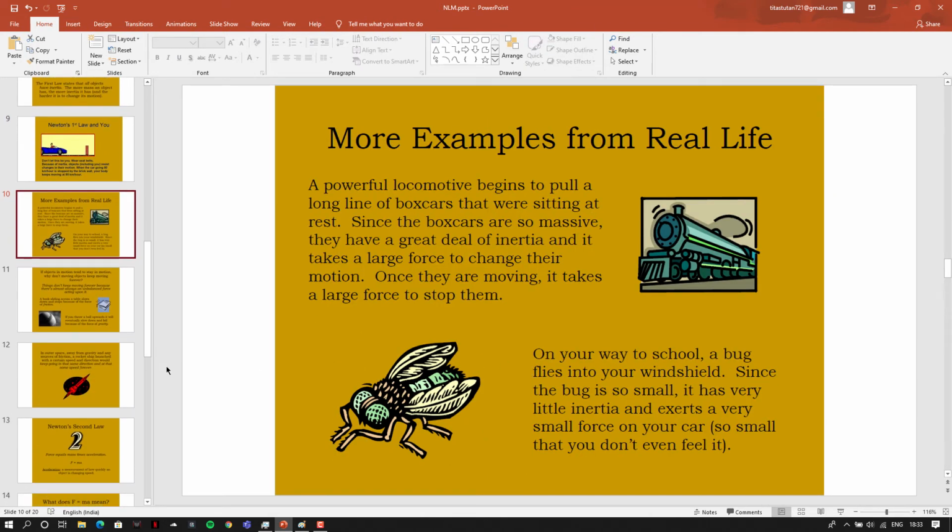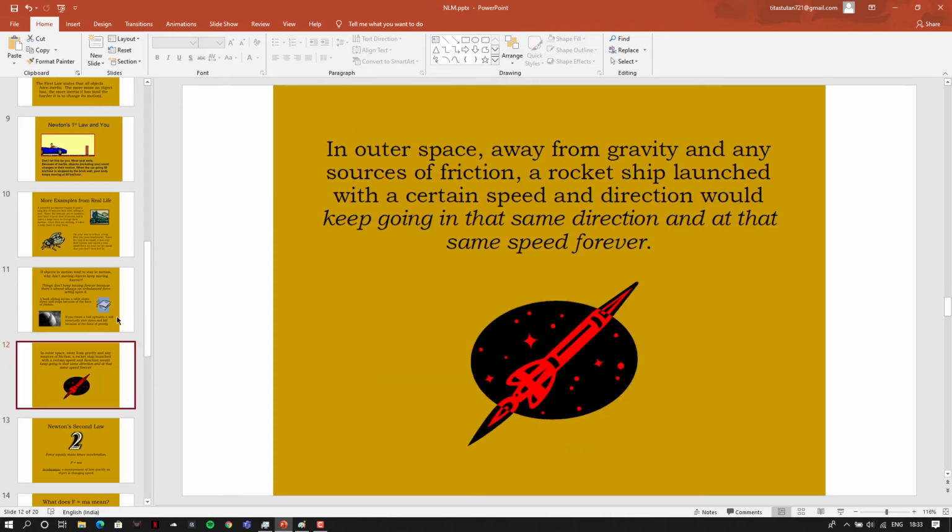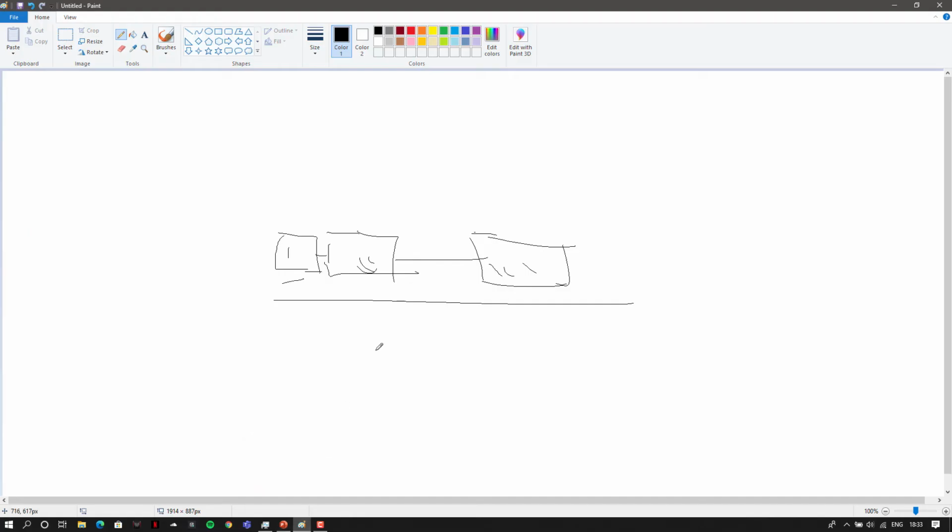More examples, the train and other things. A very interesting example is this. In outer space, where there is no gravity, just imagine a rocket is sent outside from Earth's surface. This is a rocket. Very bad rocket, but still, it's a rocket.